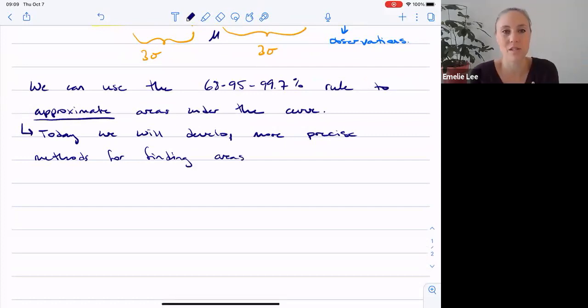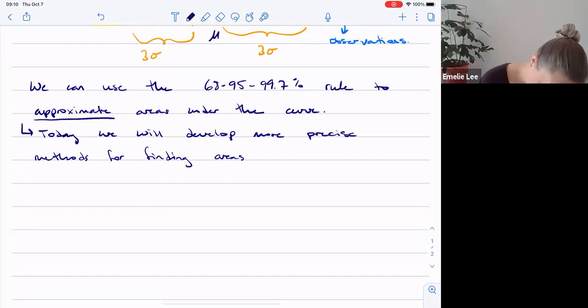Why do we care about areas under the curve? Because they're probabilities, right? What's the probability of this extreme thing happening, right? And so today we will develop more precise methods for finding areas under the curve.